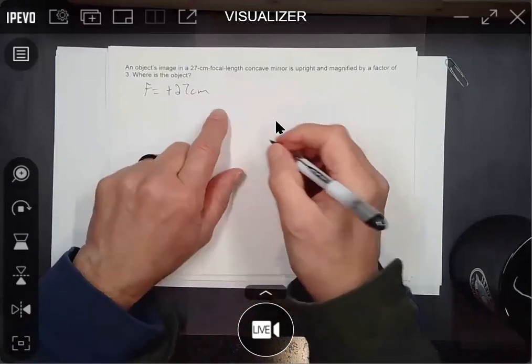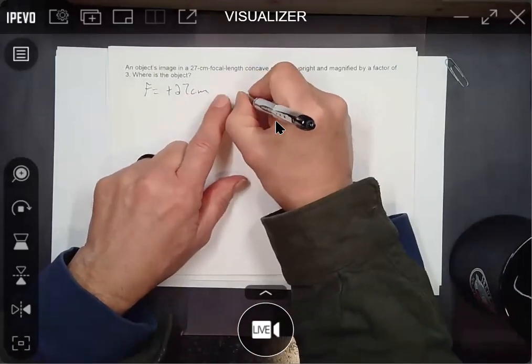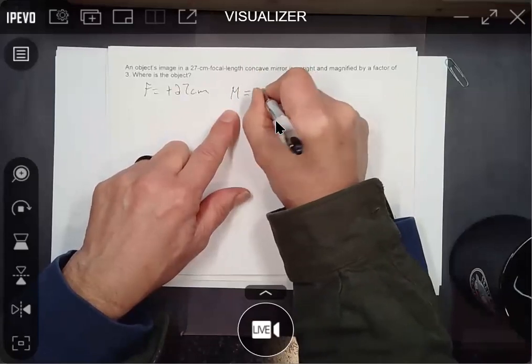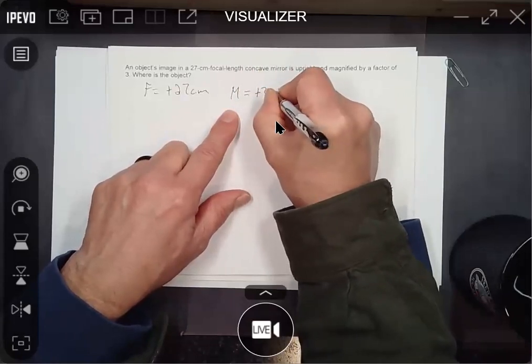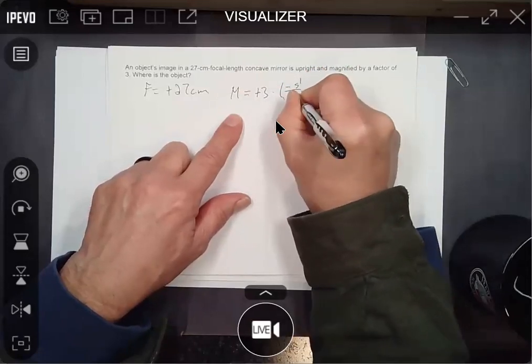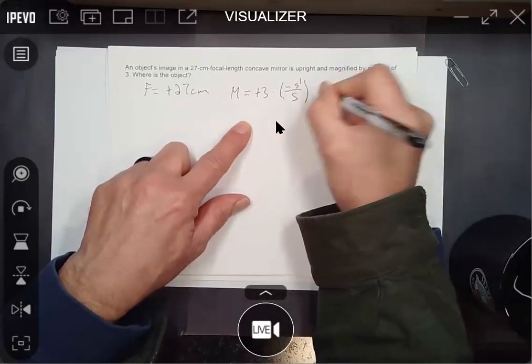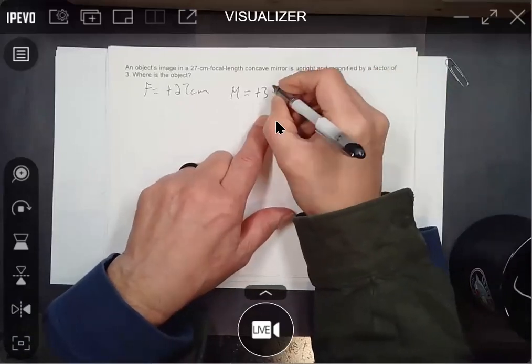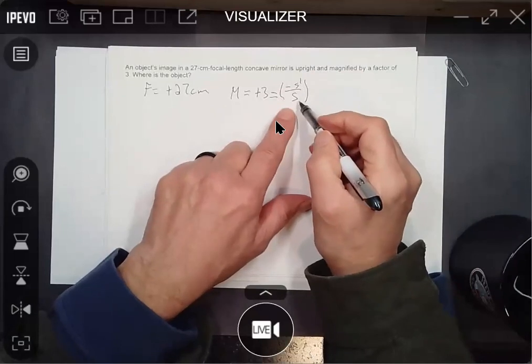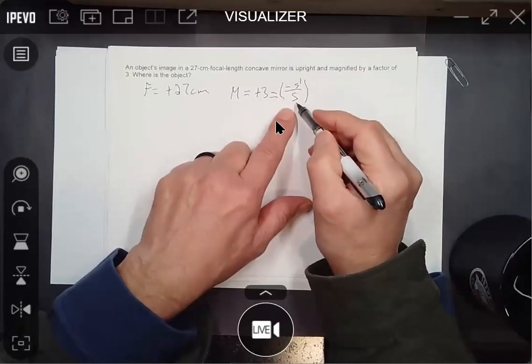Okay, that tells me the magnification is going to be +3, which is minus S prime over S. Well, what does that tell me?